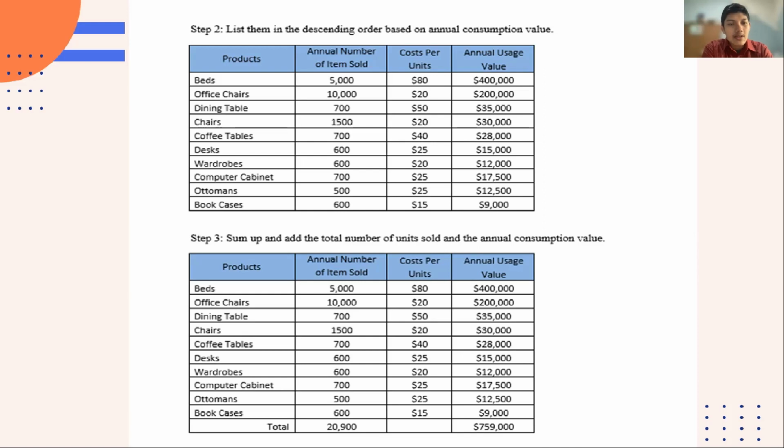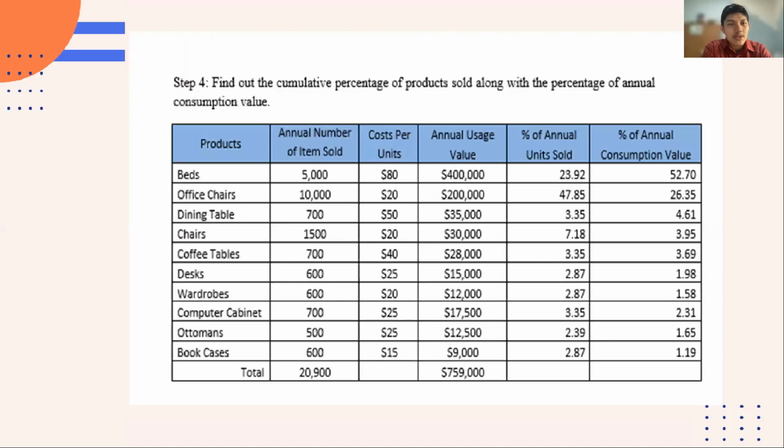Step 3: sum up the total number of units sold and the annual consumption value. Next, step 4: find the cumulative percentage of products sold along with the percentage of annual consumption value.